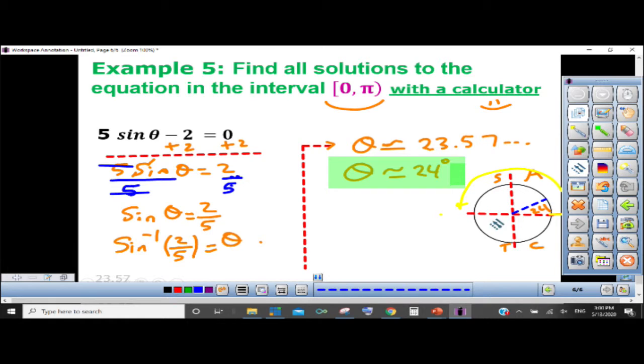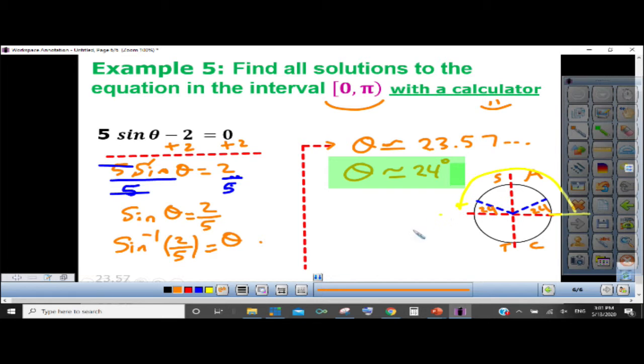How do you know the other one? Well, you use the same reference angle. Remember reference angle? The closest to the x-axis? So you're going to go back here and say, oh, hold on, I know. There's a 24 degrees here, which means if you subtract from 180, I'm approximating here, okay? So I'm going to say 180 minus 23.57, excuse me, 156.4.